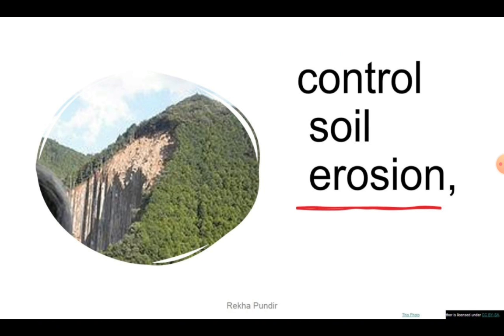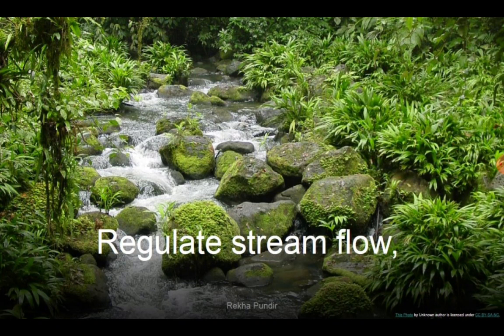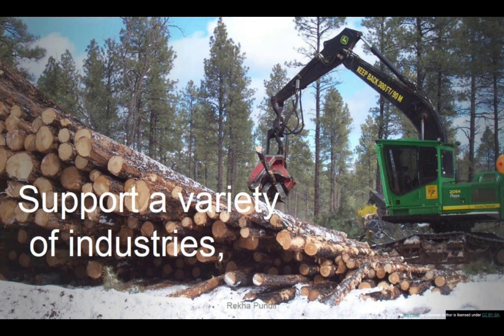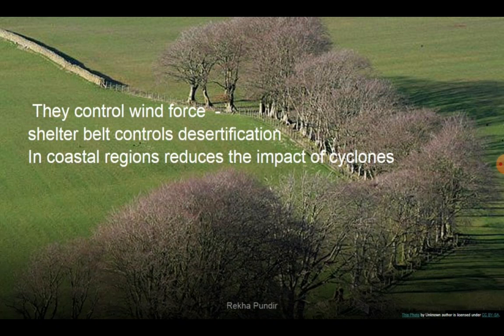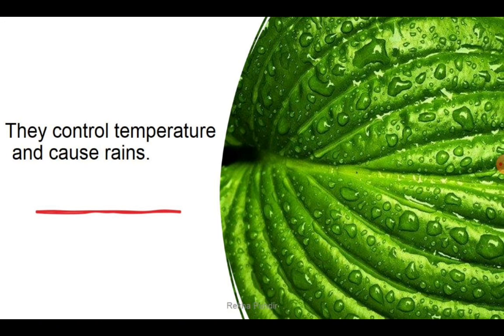They also control soil erosion, regulate the stream flow, support a variety of industries, provide livelihood to people, and offer scenic views for recreation. They control wind force, and the shelter belt controls desertification. In coastal regions, they reduce the impact of cyclones. They also control the temperature and cause the rains.